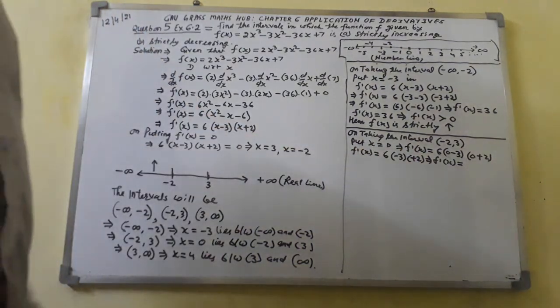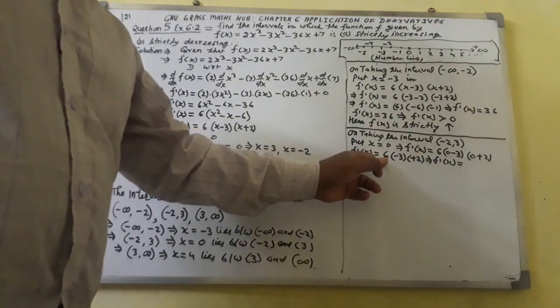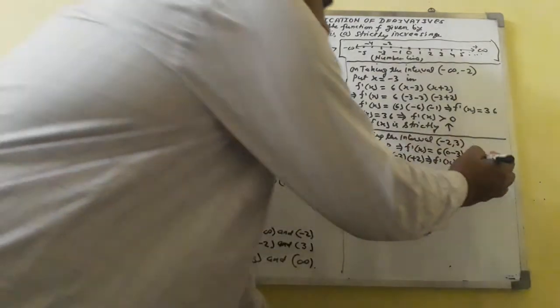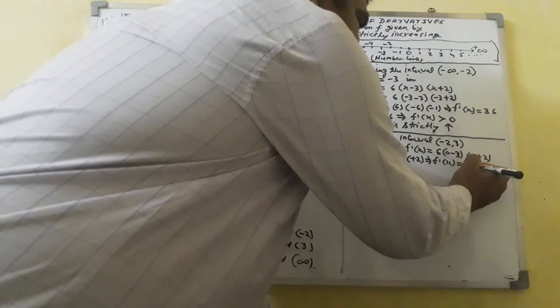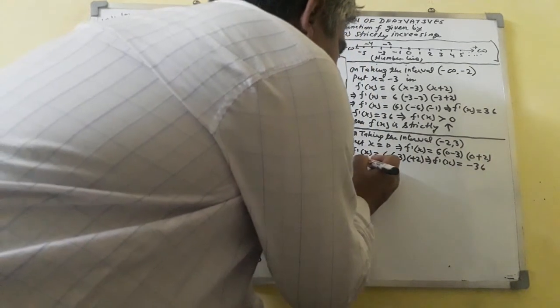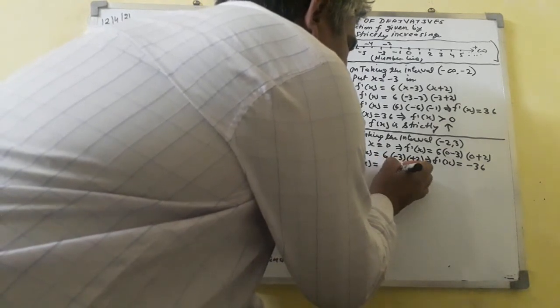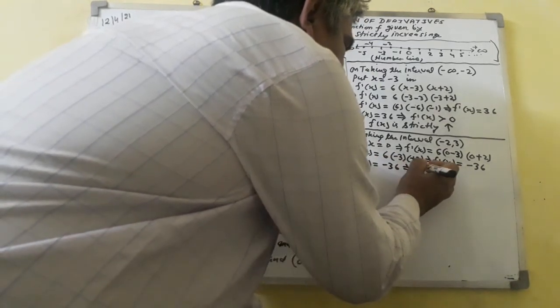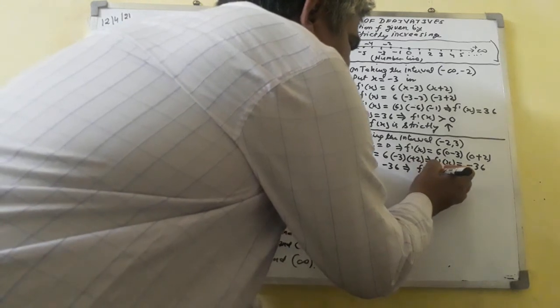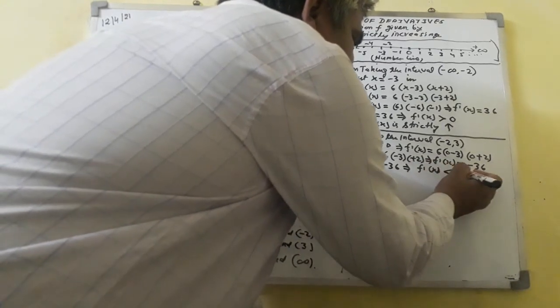We will get here minus 6. Minus 6 multiplied by 6 comes out to be minus 36. So here you have got f dash of x equal to minus 36 implied that f dash of x less than 0.